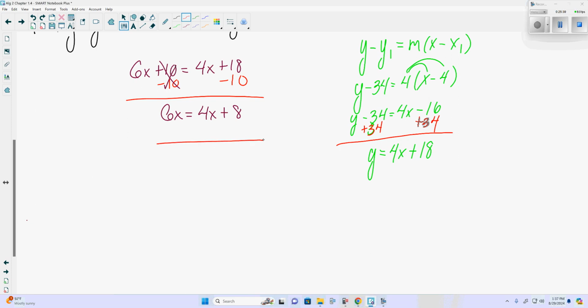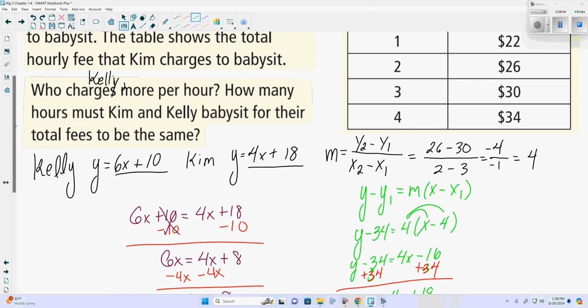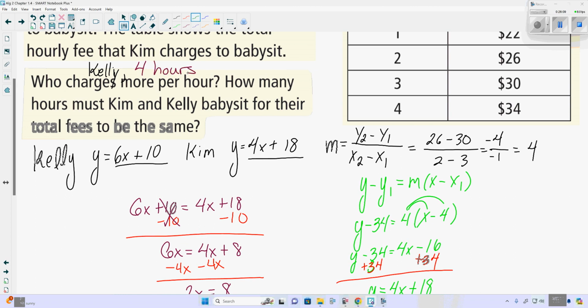Then we would do what? We would subtract 4x from both sides. 6x minus 4x is? Divided by 2. X is equal to 4. So it would take 4 hours for their cost to be the same. Questions on this here?